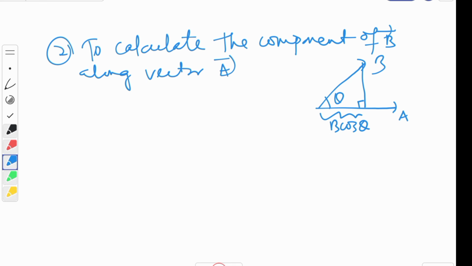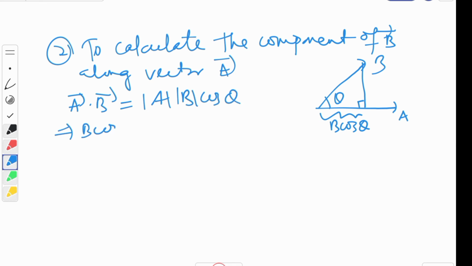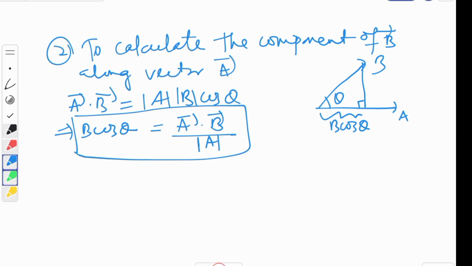So how to find out this B cos theta? A dot B is equal to magnitude of A, magnitude of B, cos theta. So from here you can write B cos theta is equal to A dot B divided by the magnitude of A. So this is the formula.